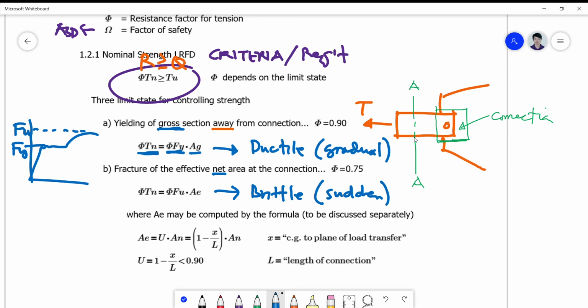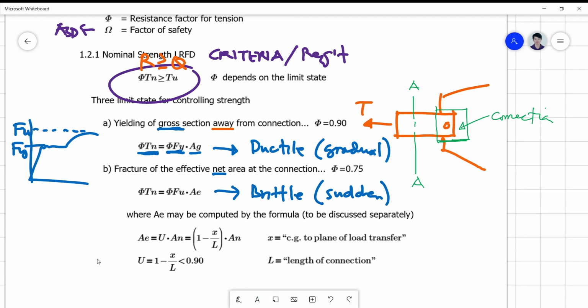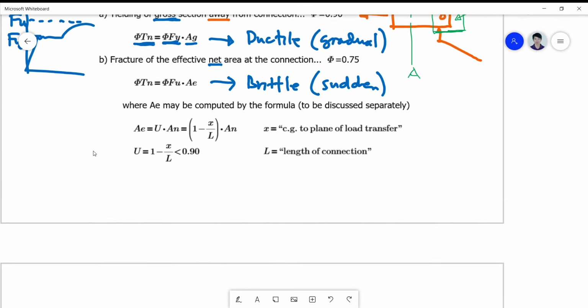While at the cross section, there will still be necking, there will still be a plastic strain hardening that may come into the picture prior to collapse. Okay, so this will be discussed separately when we talk of the effective area.